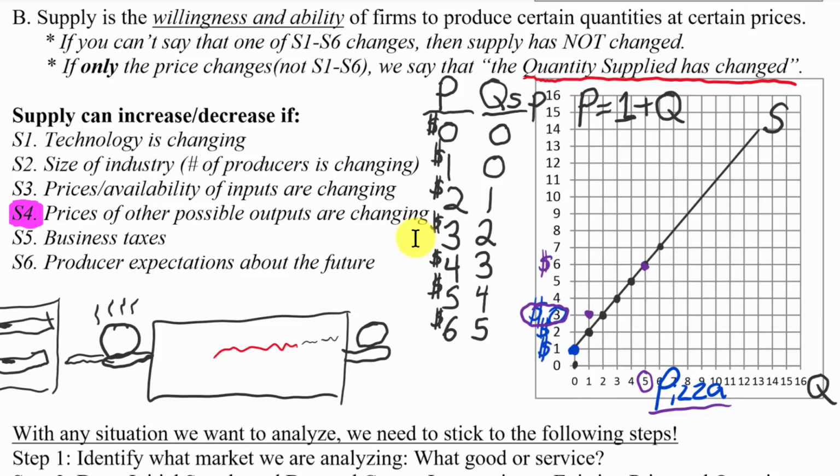No longer. Now, maybe I'm only willing to supply 2 slices of pizza at that price. I really want my people making lasagna because that's really where the money's at right now. So what we're going to see is a decrease in the supply for pizza because we see this shift to the left.